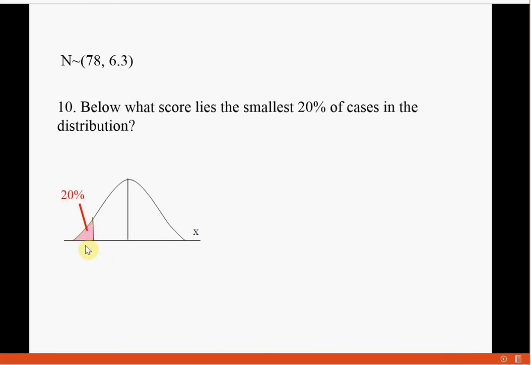So that corner is 20%. From this point to the left, you have the 20% smallest cases in the entire distribution. The question is, what is the score right here, below which you have this 20% of smallest values?